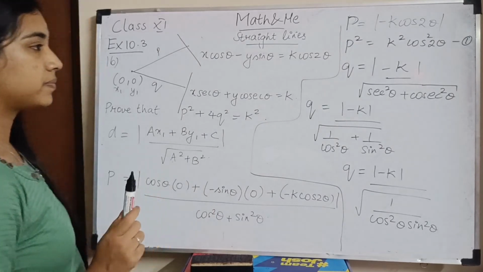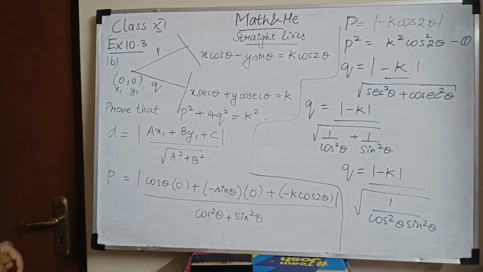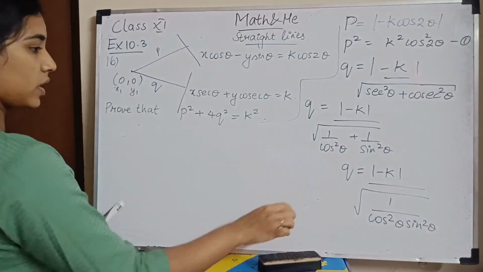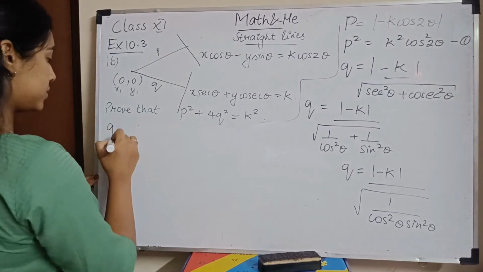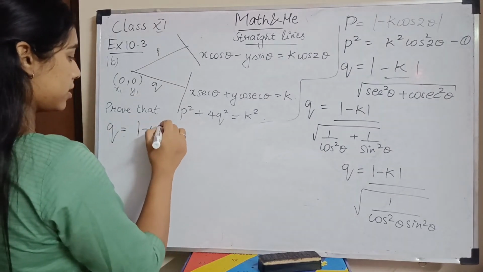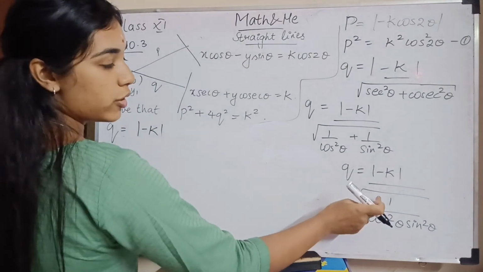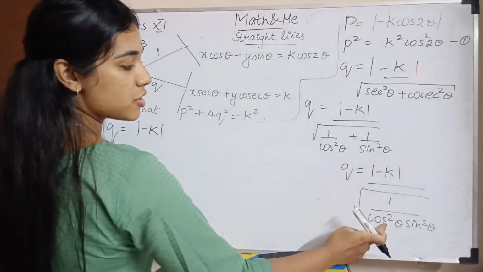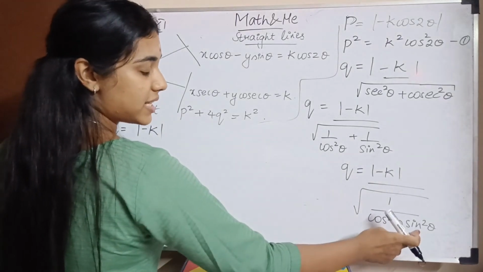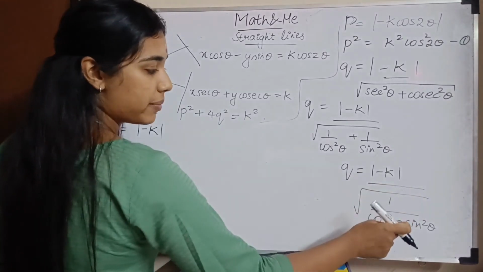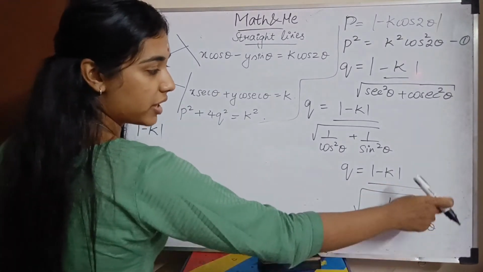So I'll erase this part of the question. Please copy. So now your q becomes minus k. The square root that I took outside becomes 1 by cos theta sin theta in the denominator, and you can bring it to the numerator.